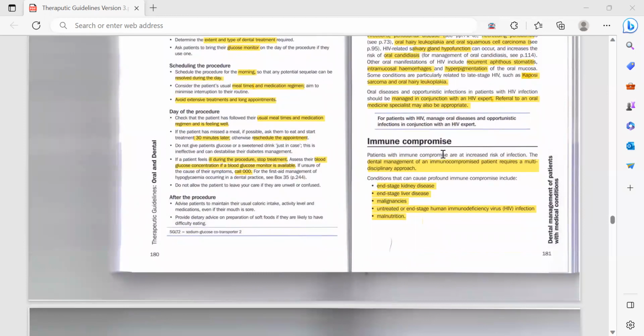Then immune compromise. Patients with immune compromise are at increased risk of infections. The dental management of an immunocompromised patient requires a multidisciplinary approach.